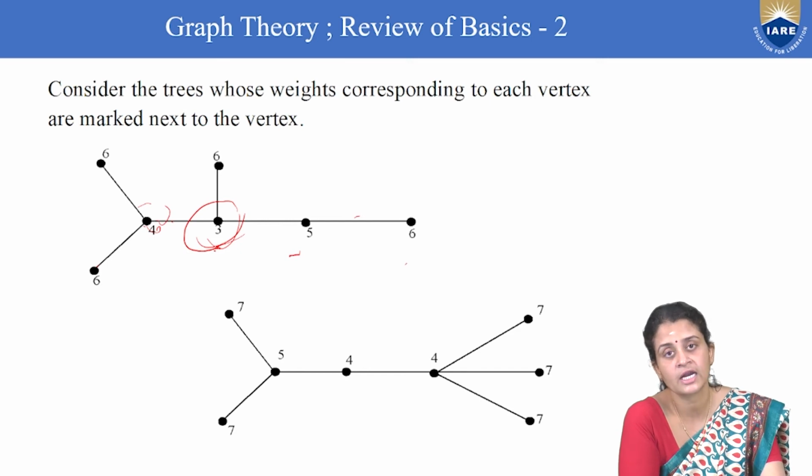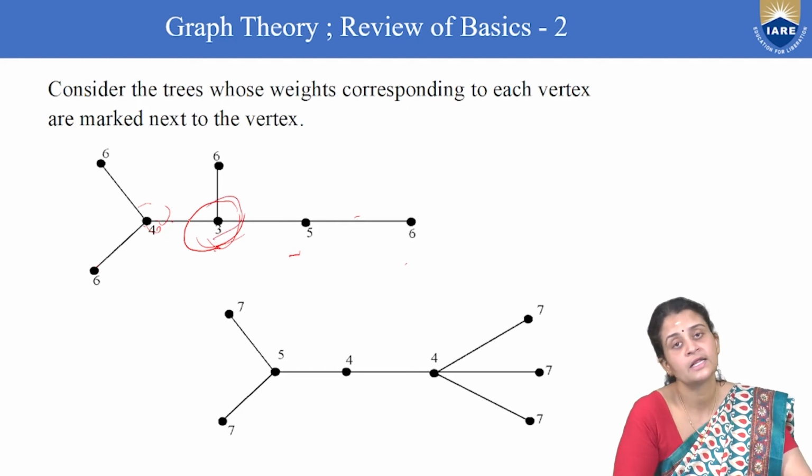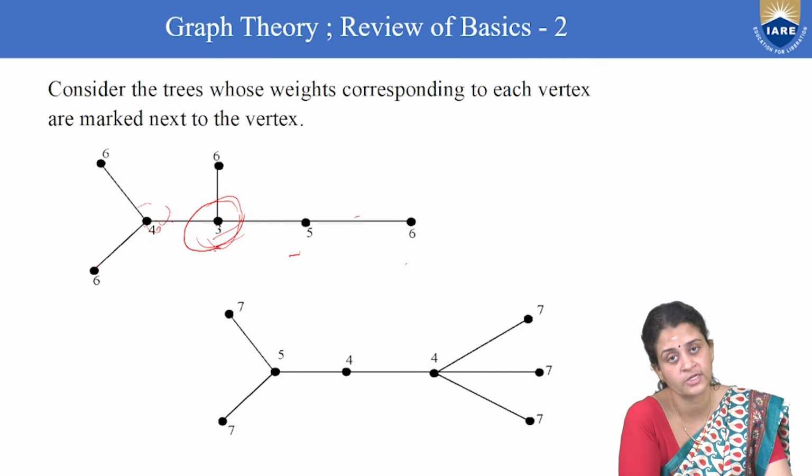Everything is marked like this. The vertex with minimum weight is termed to be the centroid. The vertex with minimum weight is 3, and it is termed to be the centroid of the tree.